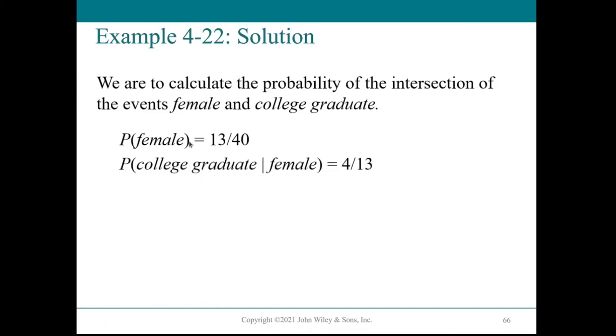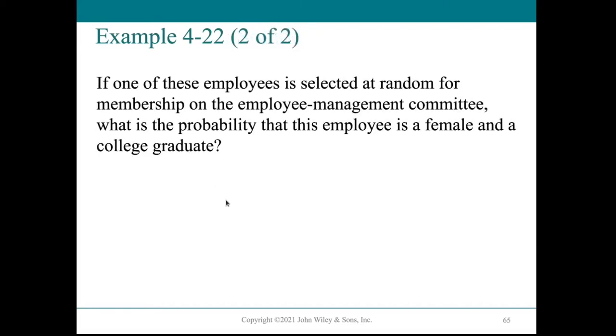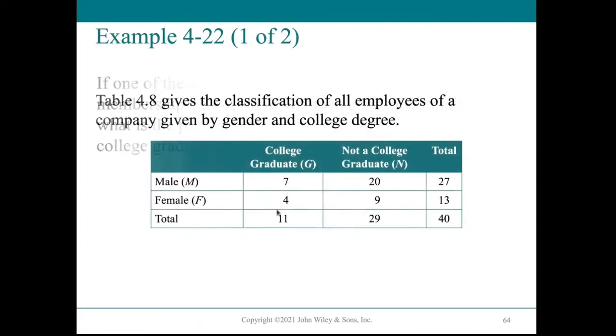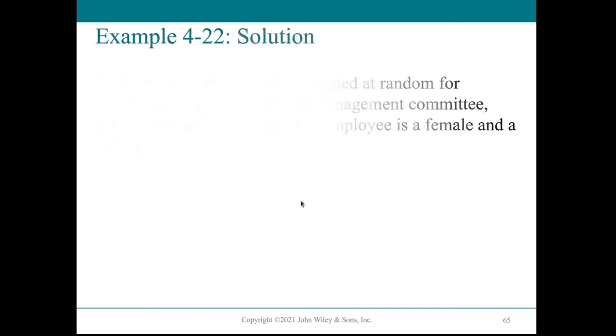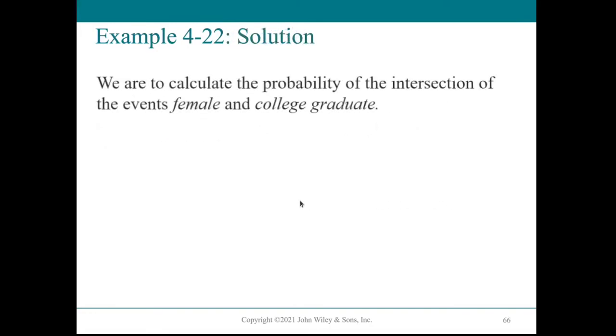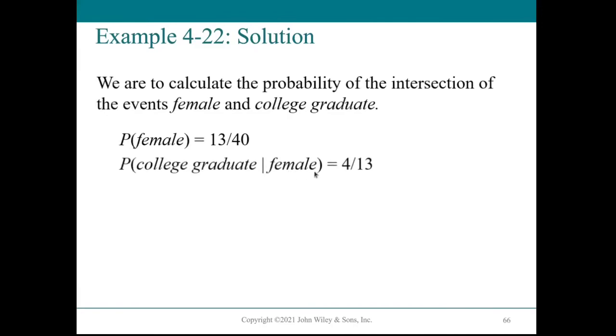So the number of female college graduate employees is 4, and the precondition is being a female, so we have 13 females from the selections. So 4 over 13. This is the conditional probability.